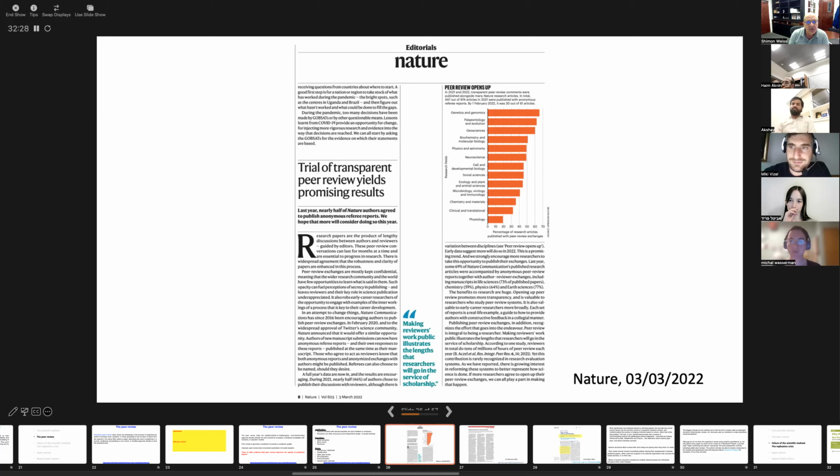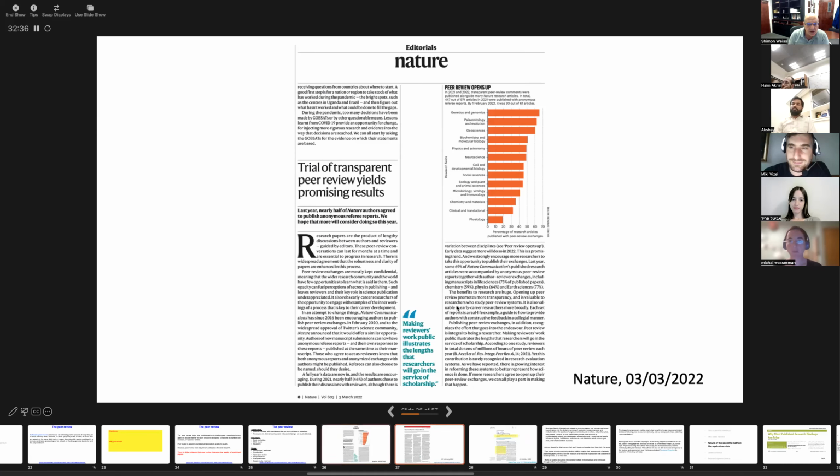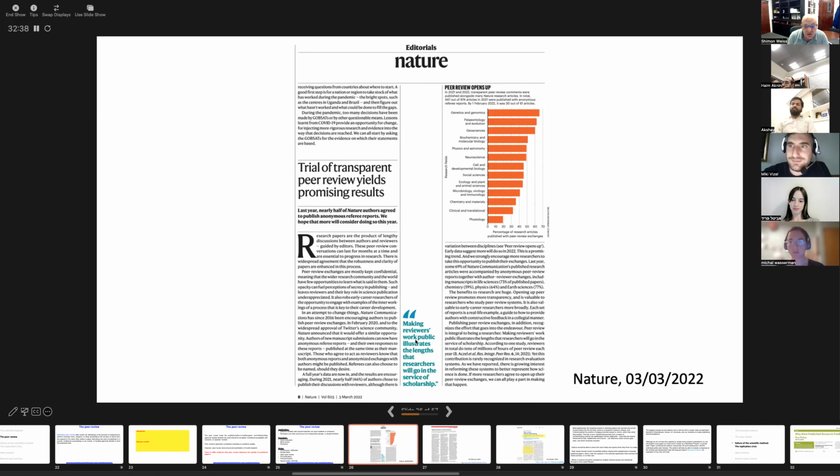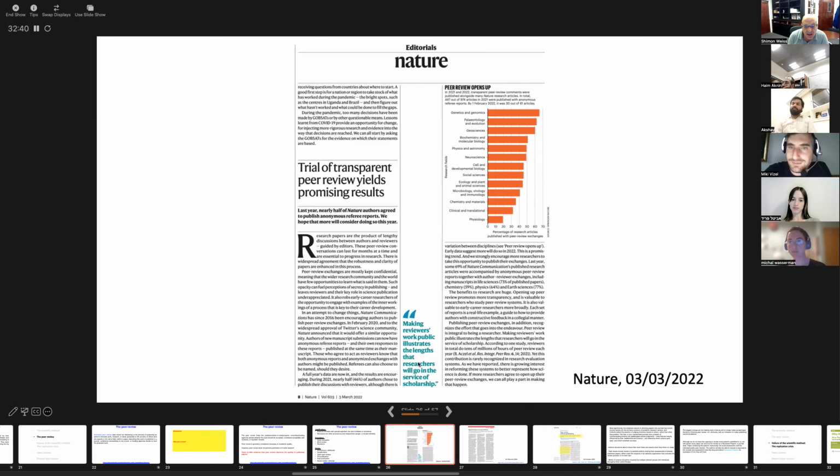Here is an attempt in Nature where they are making the reviews publicly open. They publish the reviews as well. What they say here is that making reviewers' work public illustrates the lengths that researchers will go to in the service of scholarship. So basically, they hail this idea of openly publishing the reviews together with the papers.